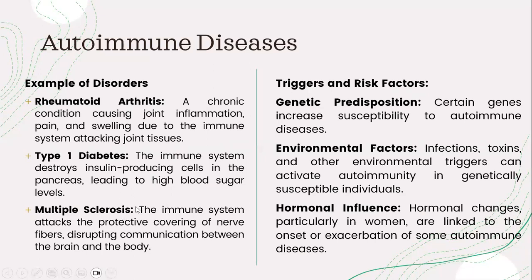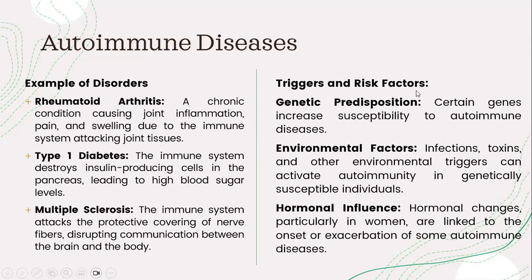And multiple sclerosis, where the immune system attacks the protective covering of the nerve fibers, disrupting communication between the brain and the body. These are disorders that are seen especially in the Caribbean region, so a lot of research is being done into that.